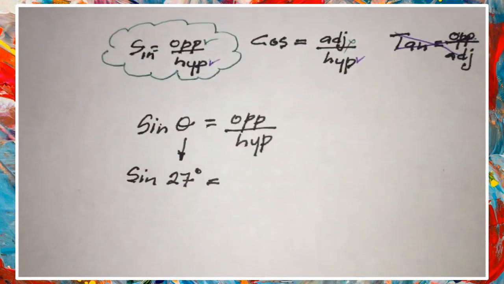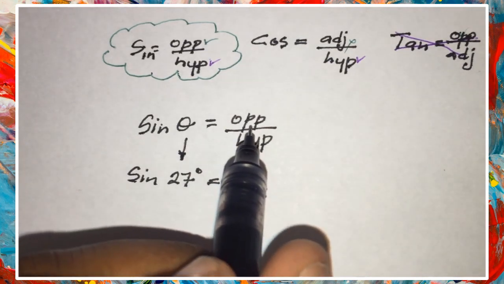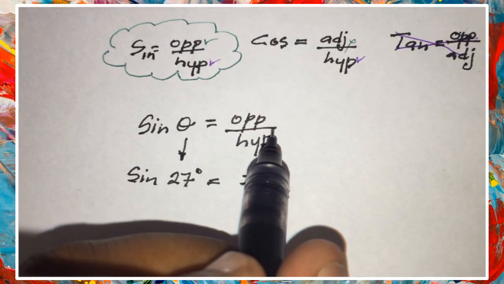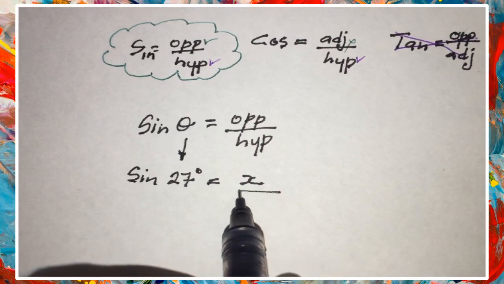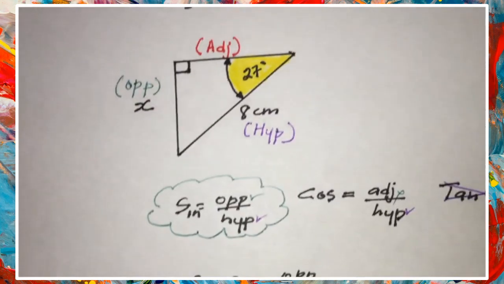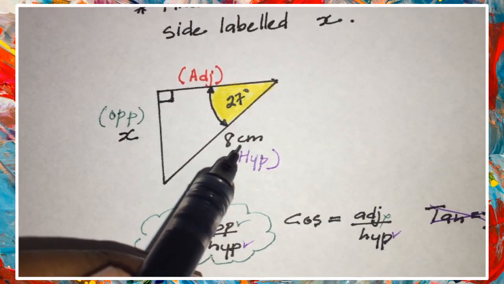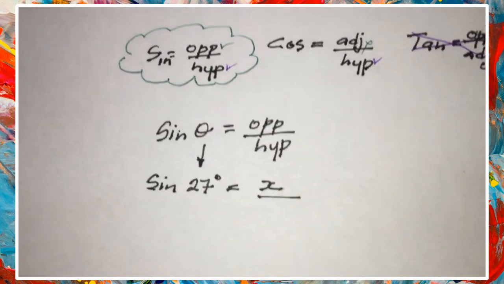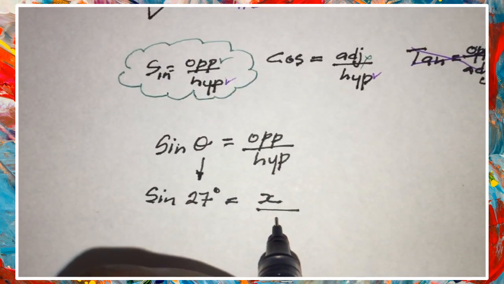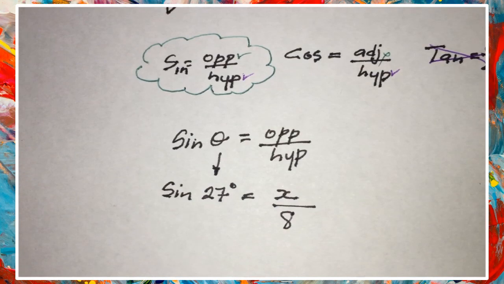So I'm going to put x to replace that opposite. Follow the formula. It says the opposite should be divided by the hypotenuse. What is the measurement of the hypotenuse? 8. So I'm going to divide x by 8. Now all we need to do is to solve for the value of x.